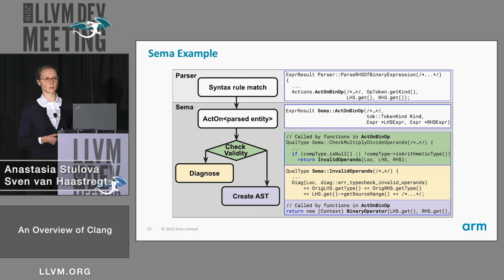You will see a lot of different flows where the AST can be created first, and then the checks are performed. And the diagnostics might be given multiple times in the flow. There are multiple reasons for it. Sometimes it's just simpler to create an AST and use the AST API to query extra information about your program and then provide diagnostics. And sometimes it's for other reasons. For example, in C++, we have functionality such as templates. And in templates, you often have to delay the diagnostics until the instantiation of a template. Therefore, you have to actually parse and create an AST first, and then the diagnostic will happen later on.